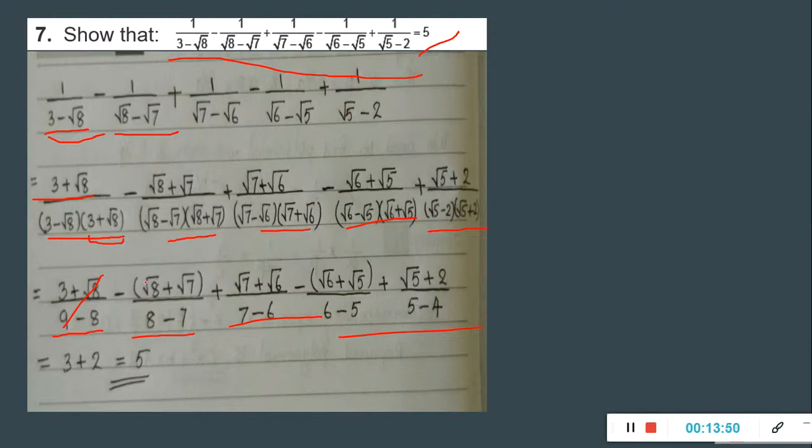Minus root 8 plus root 8, plus root 6 minus root 6, minus root 5 plus root 5, minus root 7 plus root 7, and we get 3 plus 2, which is equal to 5, our answer.